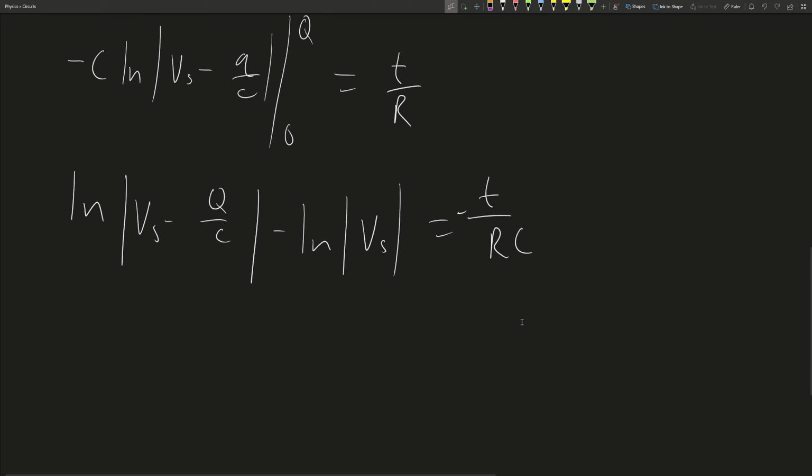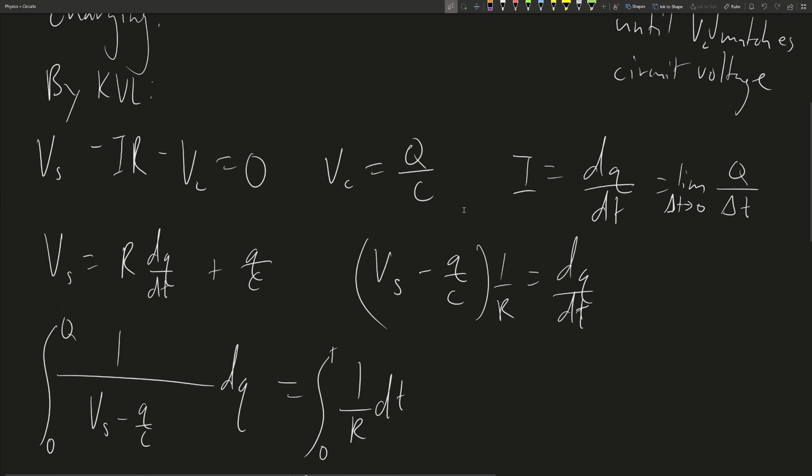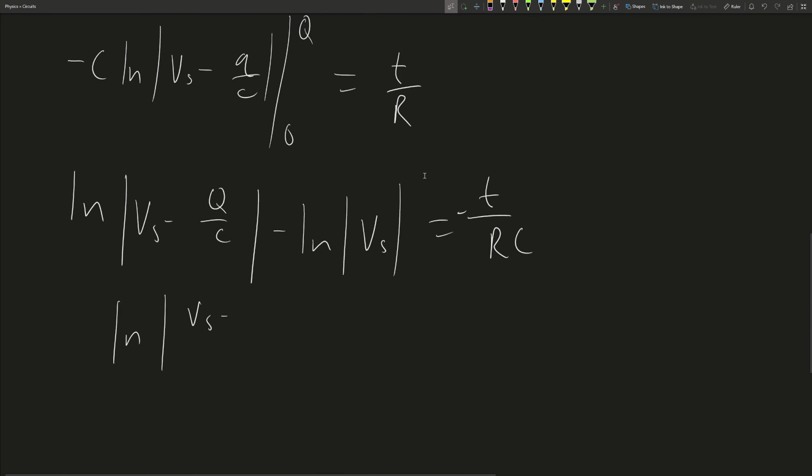Using log properties, we can write this as ln of Vs minus, and then remember Q over C is just equal to Vc, so we can replace that, Vs minus Vc over Vs. And this is equal to negative T over RC.